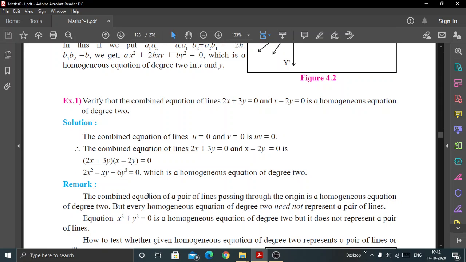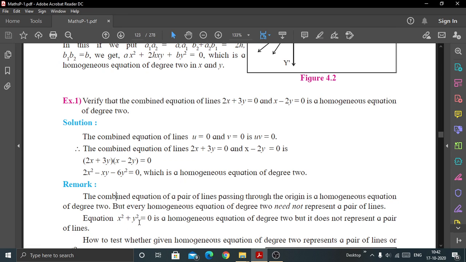Next, a remark for this theorem: the combined equation of a pair of lines passing through the origin is a homogeneous equation of degree 2, but every homogeneous equation of degree 2 need not represent a pair of lines.